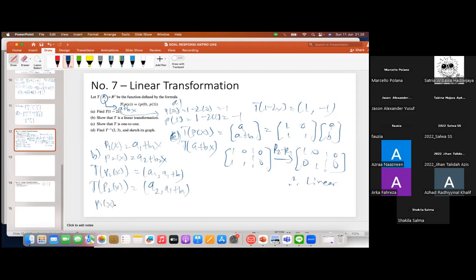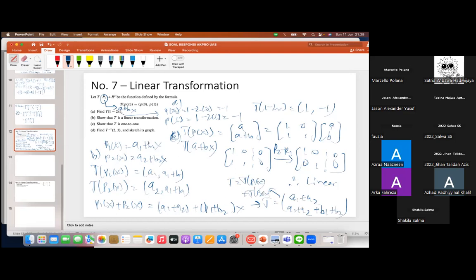And P1x plus P2x is A1 plus A2 plus B1 plus B2 x. And so the transformation is (A1 plus A2, A1 plus A2 plus B1 plus B2). And so if you separate it, T of P1x plus P2x is equal to T P1x plus T P2x.